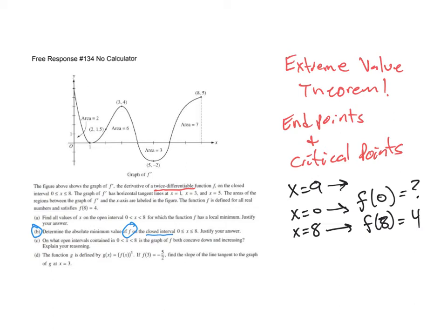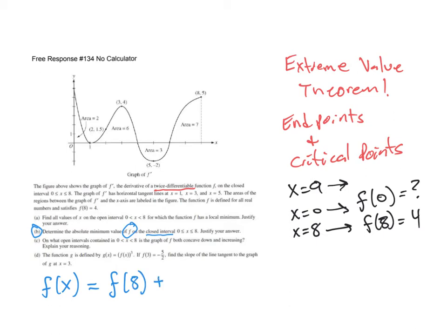So how in the world do we figure out what f of 0 is? Well, when we have the graph of a derivative, the way we find out function values is using accumulation. So please remember from our accumulation discussion that the way you find function values, f of x, is you start with the initial value. So we typically call that f of a, but since I know that 8 is the initial value, I'm going to say f of 8.